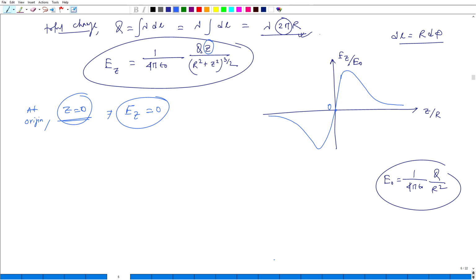So we plot that. It must pass through the origin, and be symmetric about the origin, and it looks like this. At some point it is maximum, and then again falls.